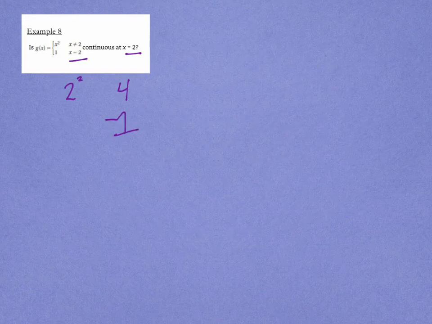So again, this is definitely not continuous. It's removable. This is another example where if I had just said this was 4 instead of 1, it would have been continuous. But because it's 1, it is removable.